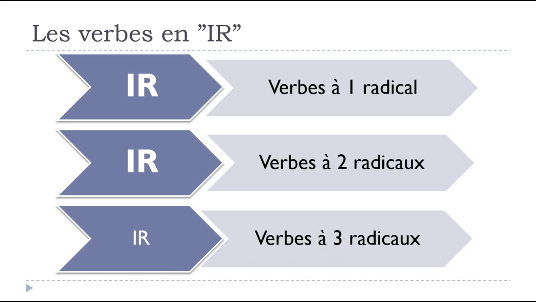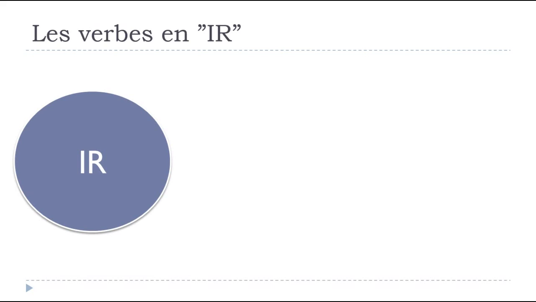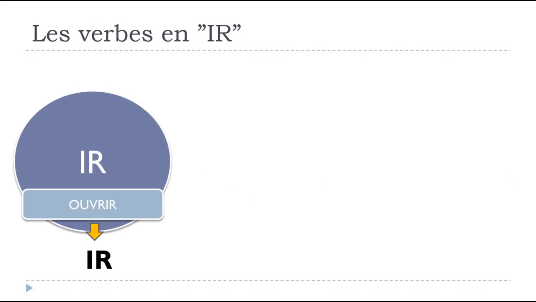Okay, so let's see now, and we'll start with the easy thing, and it's better: les verbes à un radical. So the verbs ending with ER, and in that case, I thought it might be interesting to take the verb ouvrir. Ouvrir is to open, so it's quite useful. And so the idea is that this final ER will be taken away to get the stem, the root.